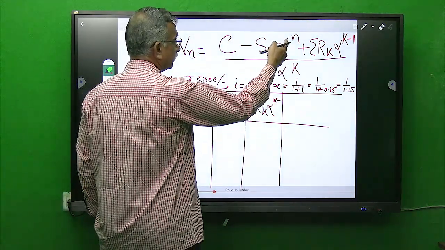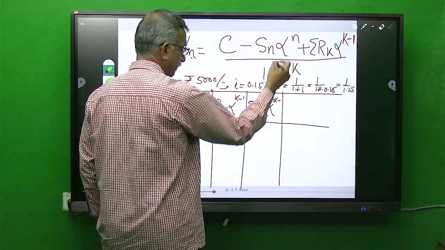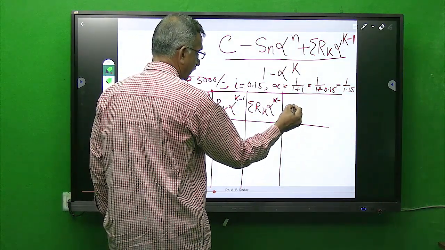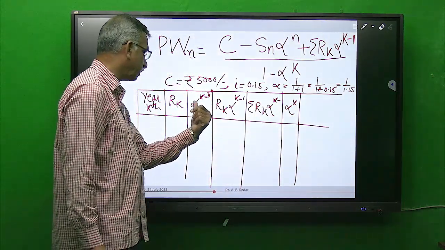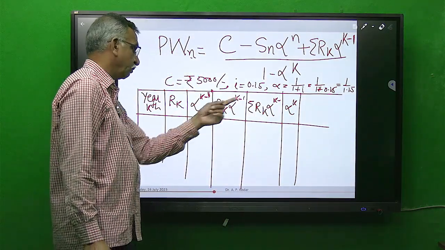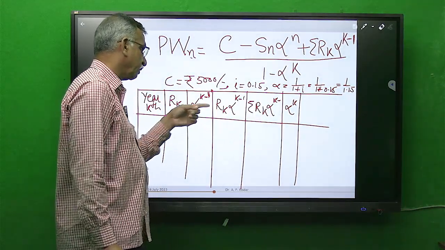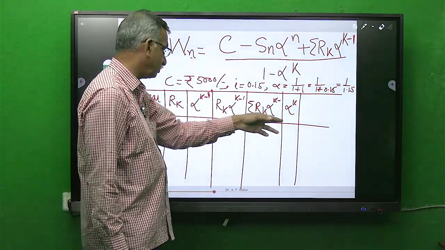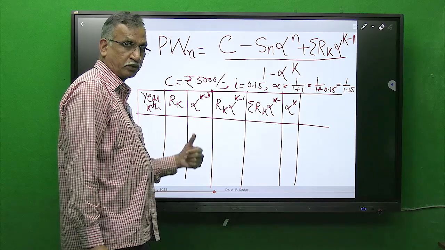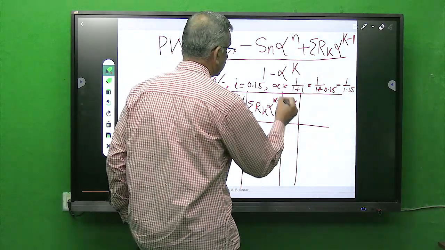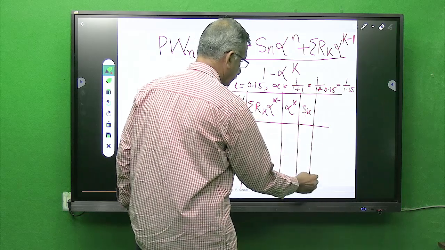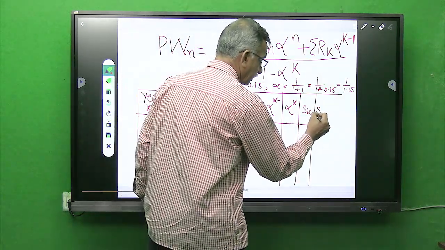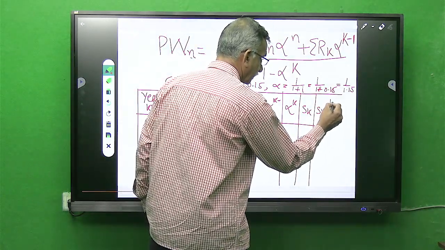Then here we need alpha k, alpha n common, so we'll write alpha k. This alpha k can be obtained from the alpha k minus 1 column; for the first value you have to start from the second value, that we'll see in the problem. Then multiplication of Sk alpha k.